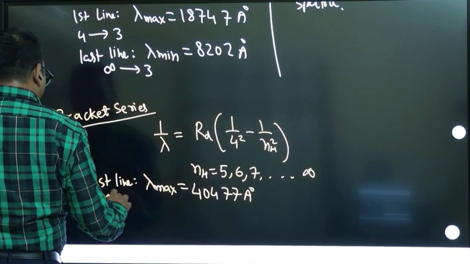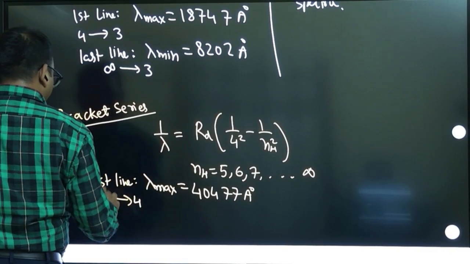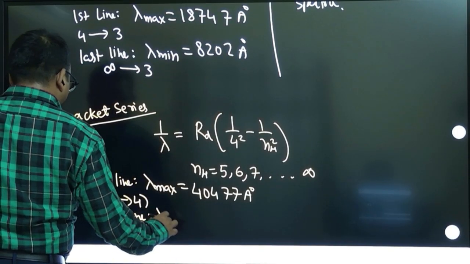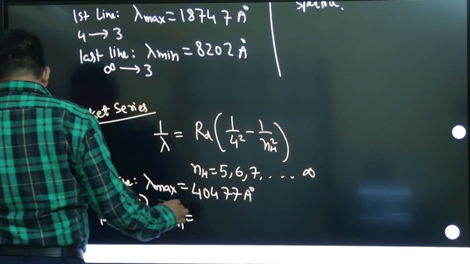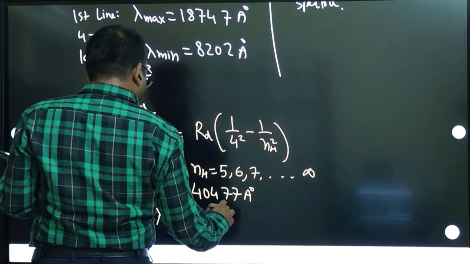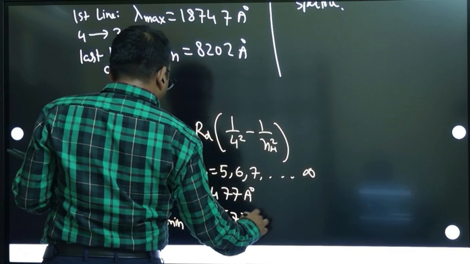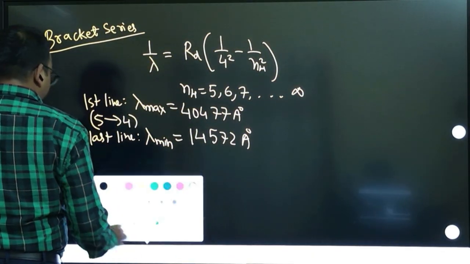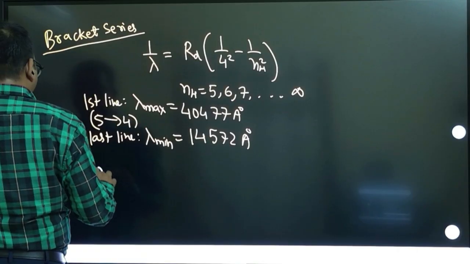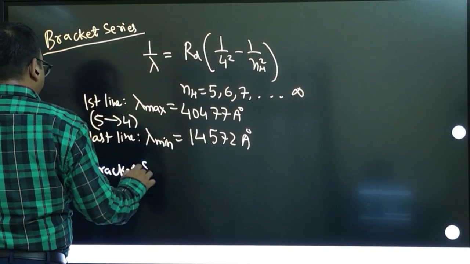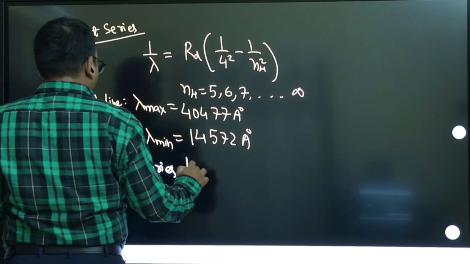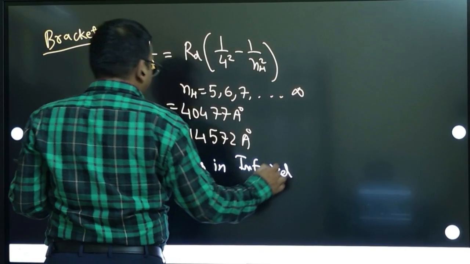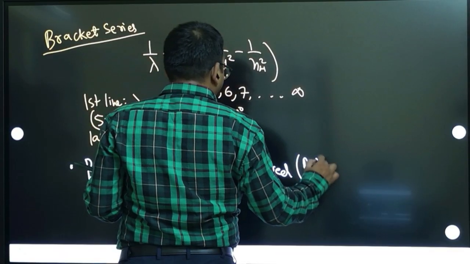That means it is the 5 to 4 transition. Last line, lambda minimum, comes as 14,572 angstrom. Okay, that's what it is, and Brackett series lies in the infrared. Which infrared? Mid infrared region.